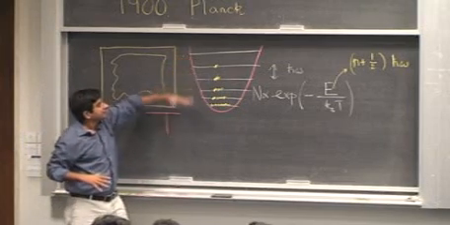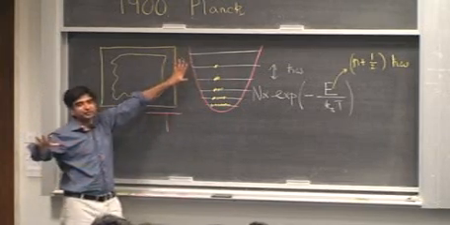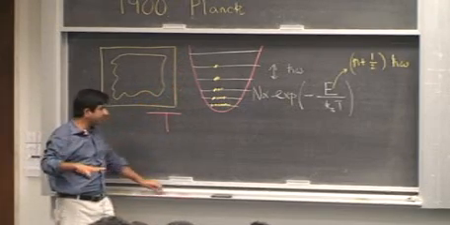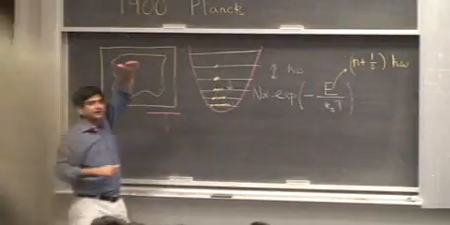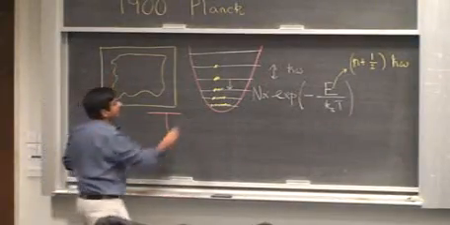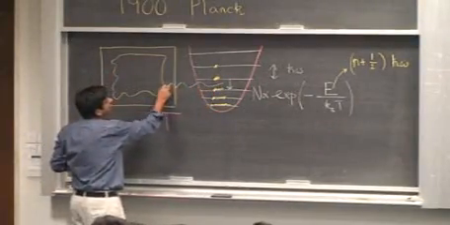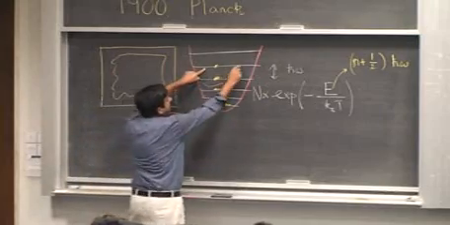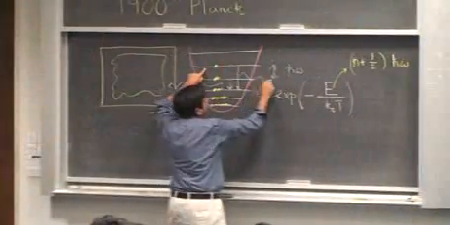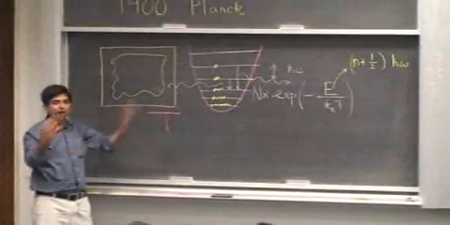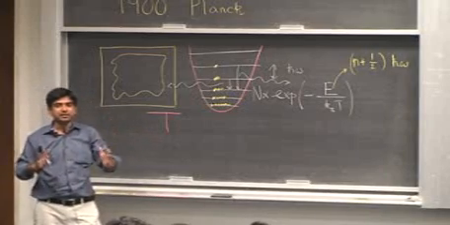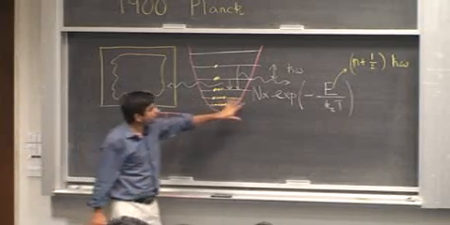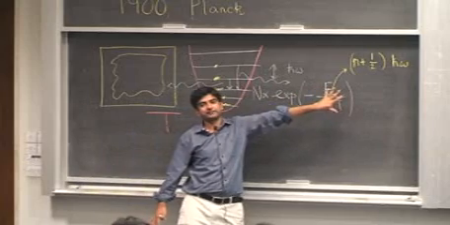Even though the populations remain constant with time if the system is in equilibrium, it's very possible that a transition from an upper level to a lower level takes place, emitting a photon, a transition from this level to this level takes place, emitting a photon, and then these photons are constantly being absorbed as well, such that the absorption and the emission match out in such a way that this population distribution is maintained.